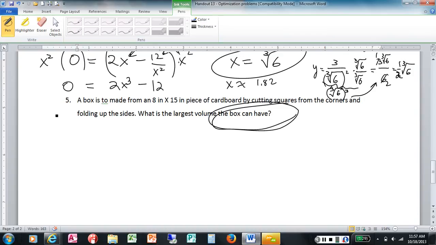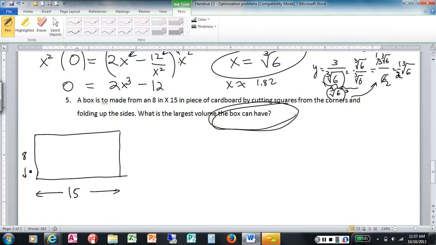All right, so we've got a rectangular piece of cardboard here. And we're going to make this into a box by cutting out squares on the corners. And they are going to be the same size squares.